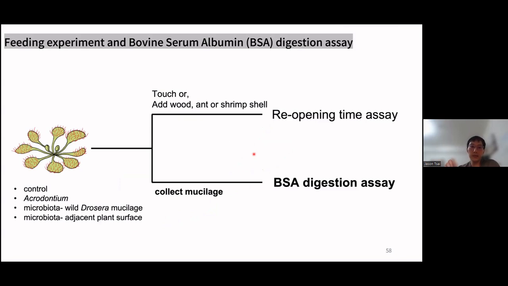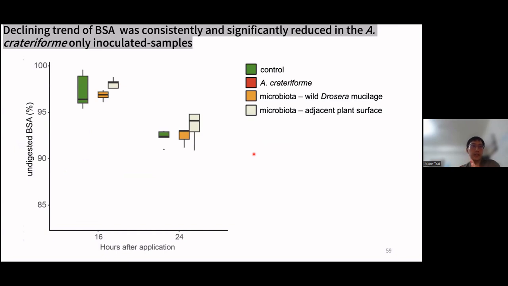By mixing biotin-labeled bovine serum albumin (BSA), a common source of protein, with the collected mucilage from plants with or without different microbes inoculated, we wished to quantify the efficiency of protein degradation after 24 hours. On the y-axis, we have the percentage of undigested BSA remaining, and on the x-axis, the time points of 16 and 24 hours after mixing.